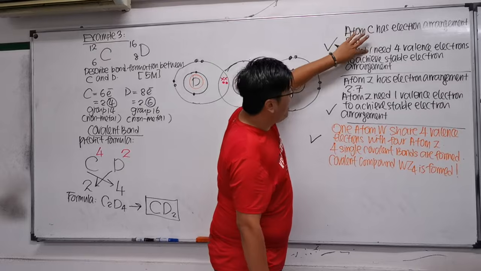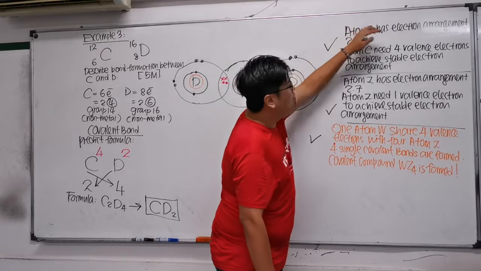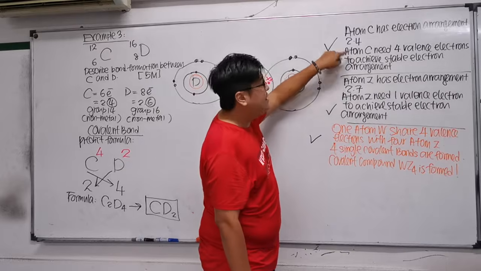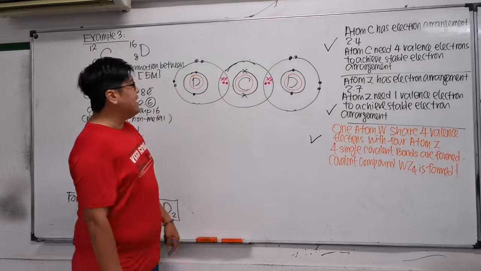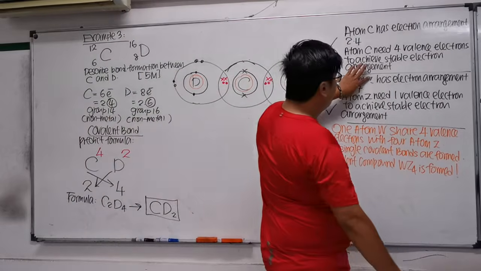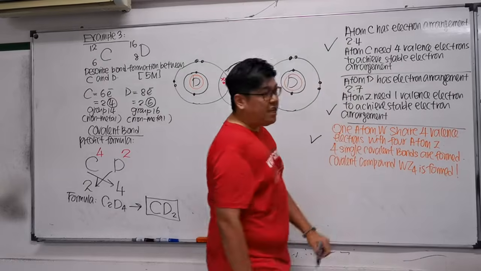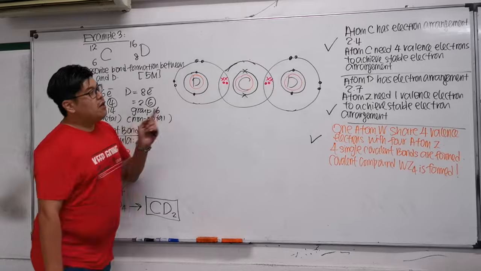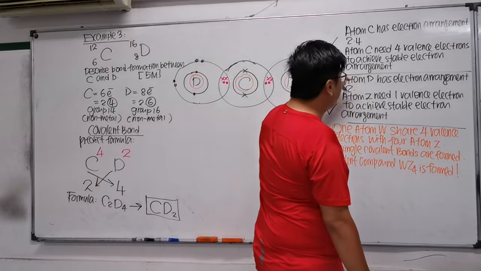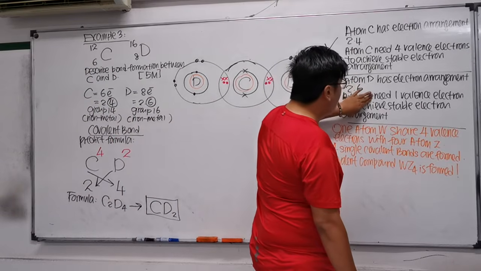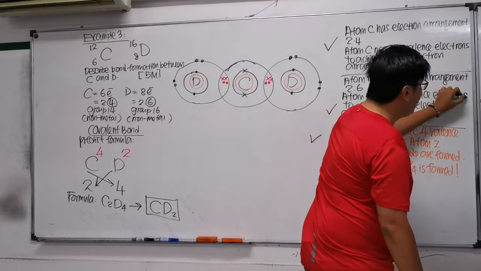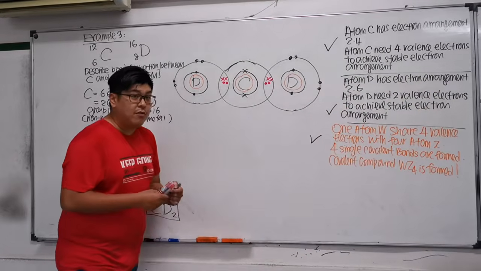So when it's 2.4, atom C further needs 4 more outer electrons to achieve a stable electron arrangement. Okay, settle. Now, second fellow is atom donkey. Atom D, the electron arrangement, as we can see, is 2.6. So when you have 6 outer electrons, your atom D needs 2 more. So they need 2 more valence electrons in order to be stable.